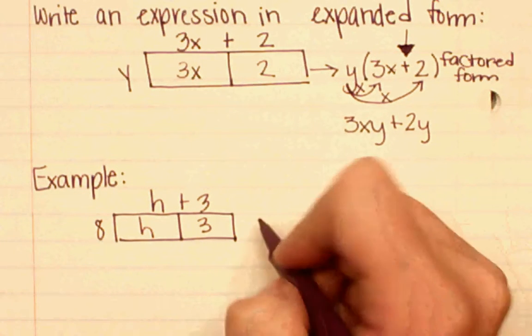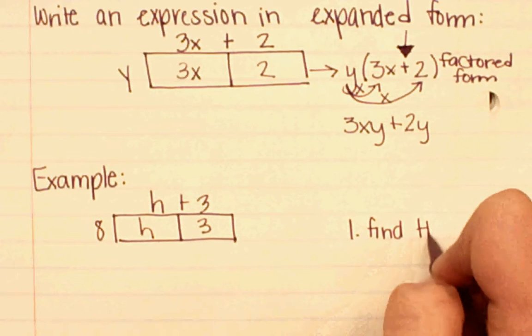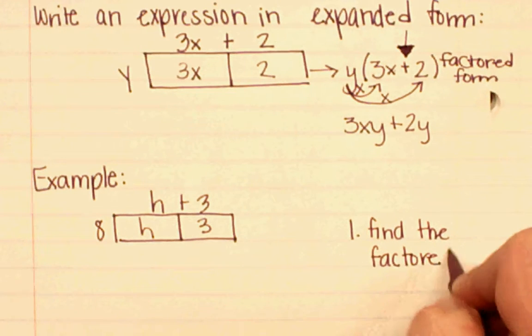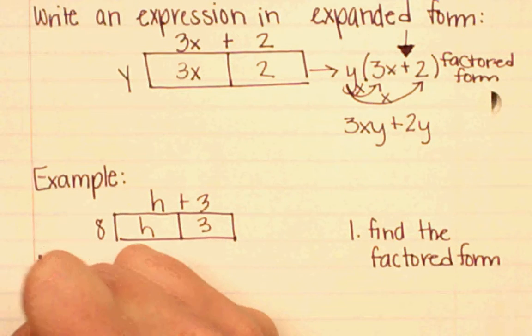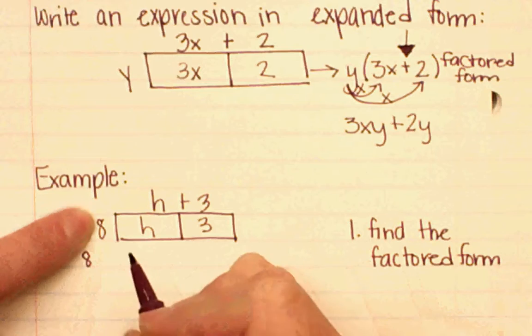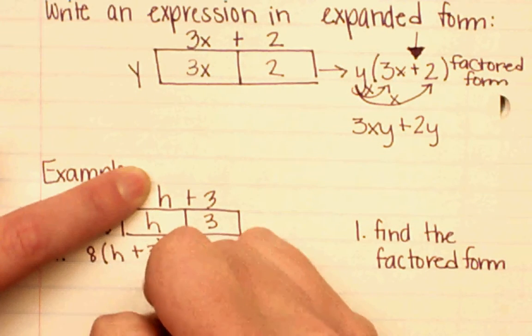So the first thing you do is, let's write our steps here, find the factored form. So if I were to label step 1, factored form would be 8, coming from right here, parentheses, h plus 3.